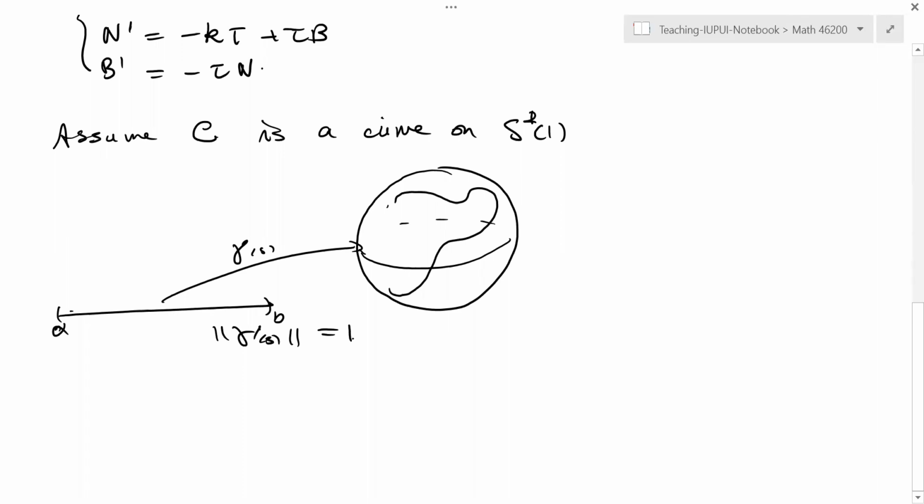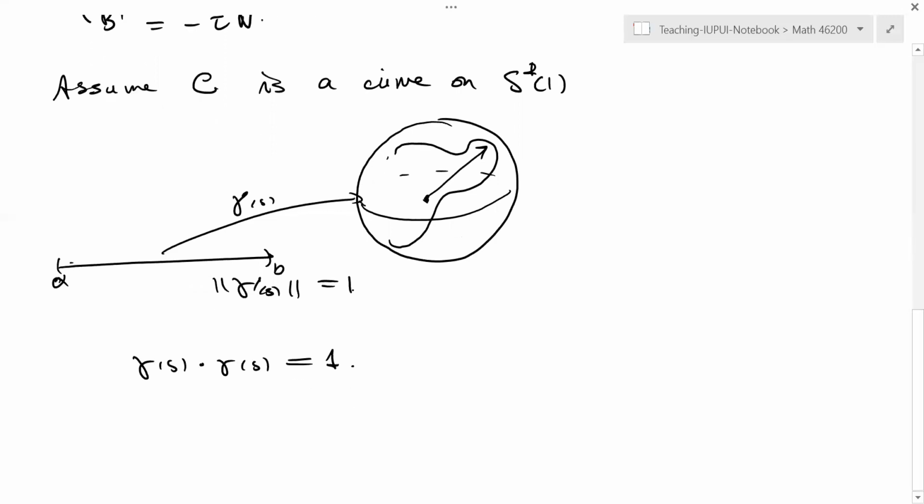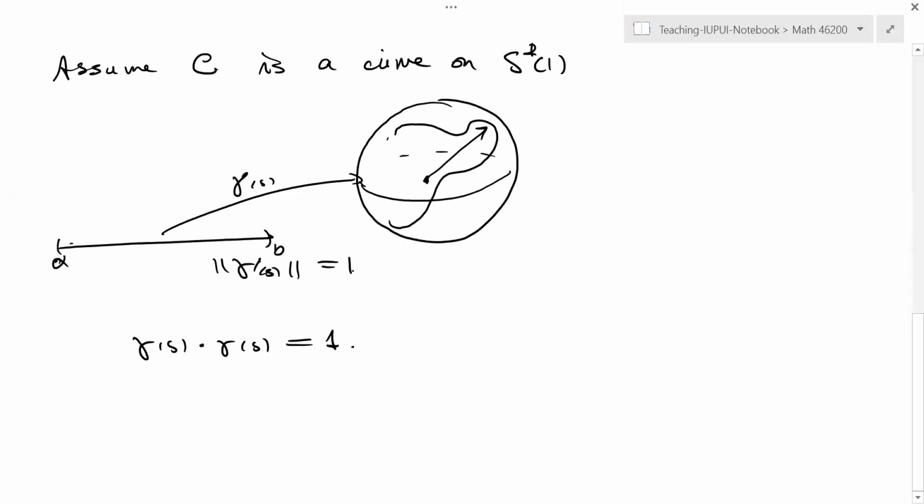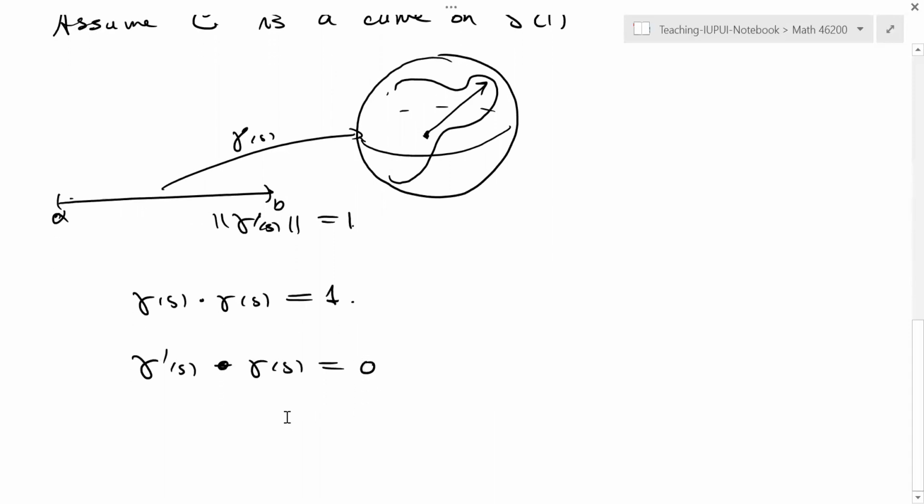It is a unit sphere, so we also have this identity, that γ has unit length. So just go ahead and differentiate. When you differentiate, you will get this, and now twice of that.